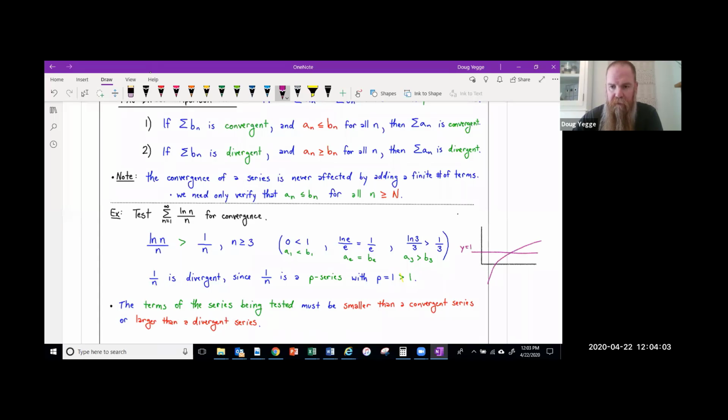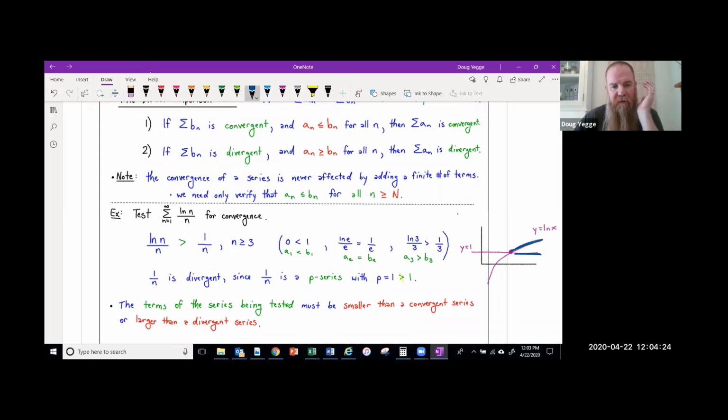So eventually, isn't there going to be some place where this function exceeds this function? And that's going to happen when n is greater than or equal to 3.